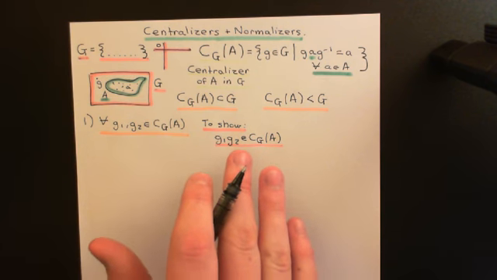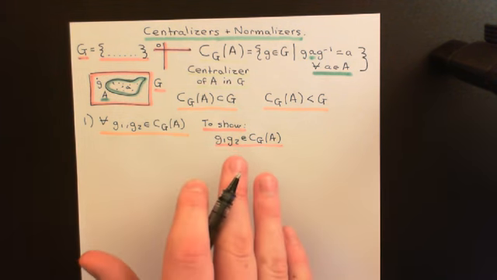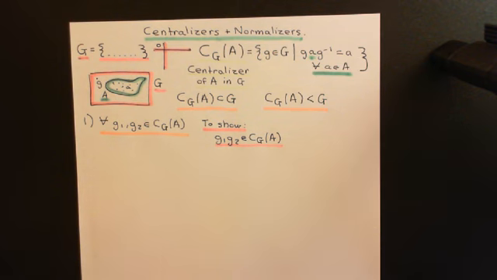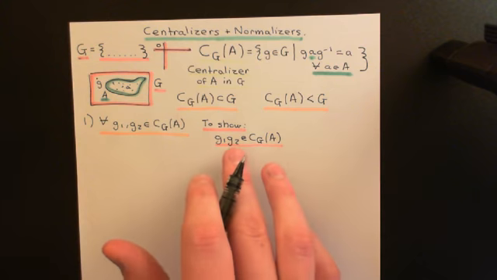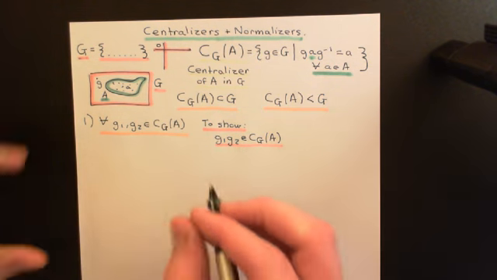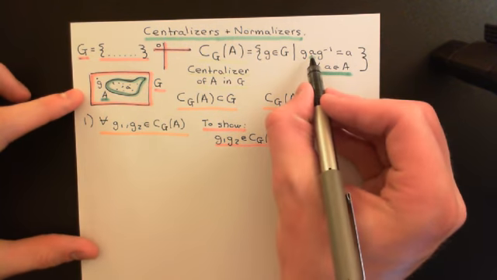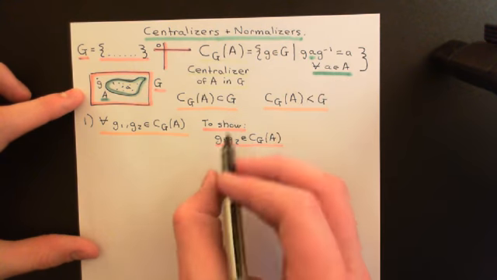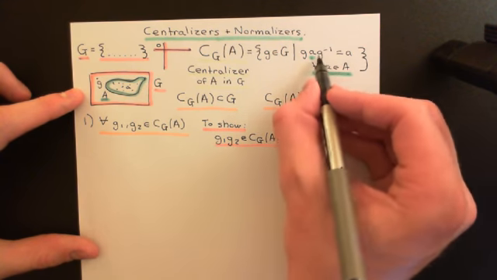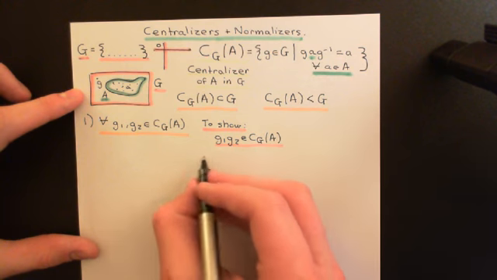Well, we're just going to apply the definition basically. So if we want to show that g1 g2 is an element of the centralizer of A in G, what does that involve doing? That involves showing that if we conjugate any element of the subset capital A by g1 g2, we end up with that same element back again.